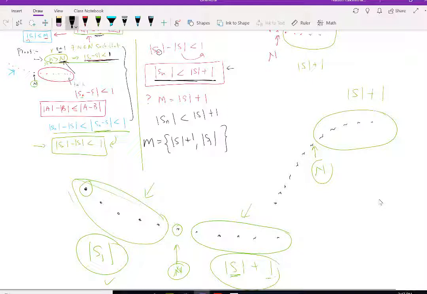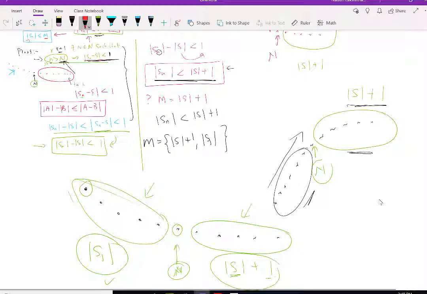Increasing sequence means terms are increasing, so any term that comes before capital N is definitely less than absolute value of S plus 1, because the tail is larger than what comes before capital N. So for a strictly increasing sequence this condition is still valid. You just take the maximum of these two. So it works for a strictly increasing or strictly decreasing sequence.